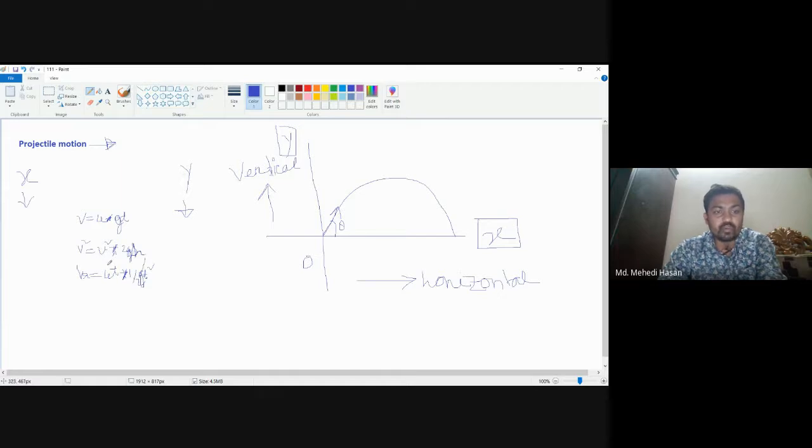These are the equations if we throw an object perpendicularly upward.